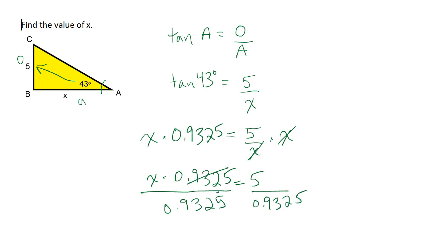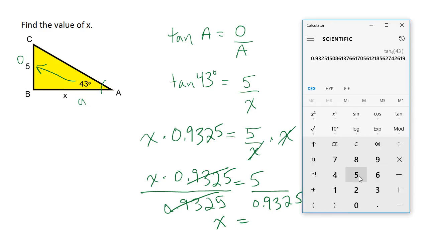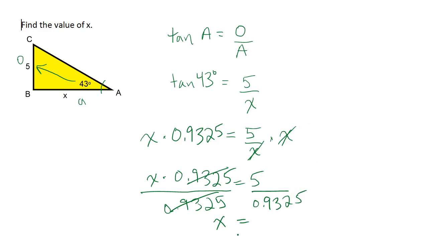That way these two numbers will cancel and we'll just be left with our x. X equals 5 divided by 0.9325, and we can figure out what that value actually is. 5 divided by 0.9325, and we get 5.4. So it's 5.36, and the 6 rounds the 3 up to a 4. So 5.4 would be the length of side x.